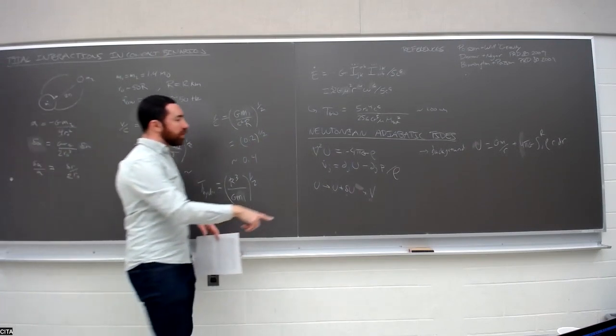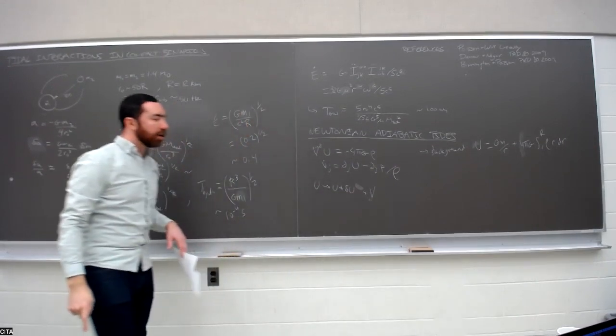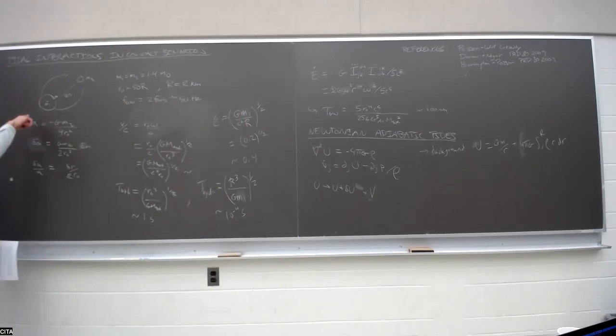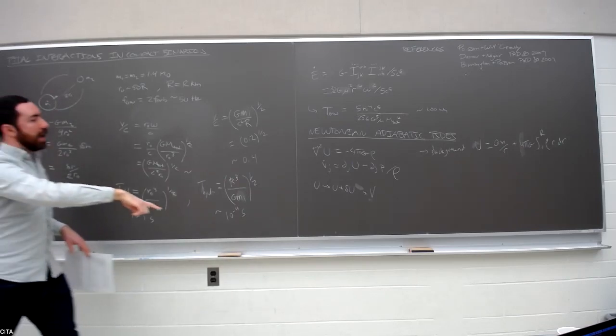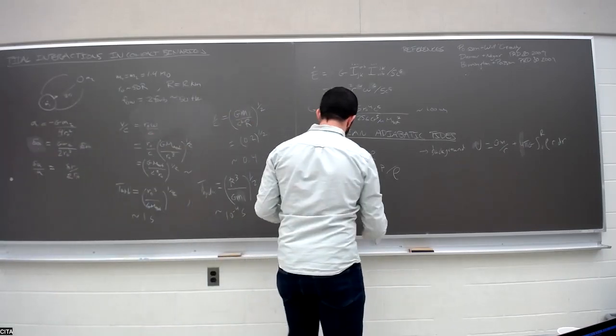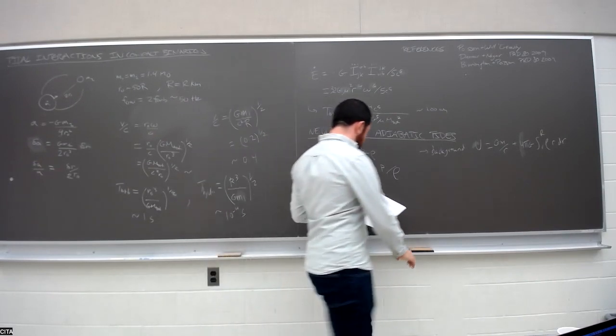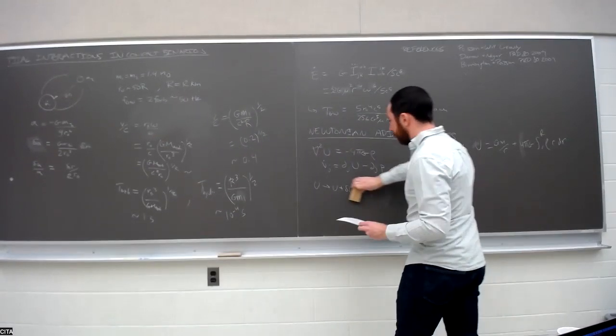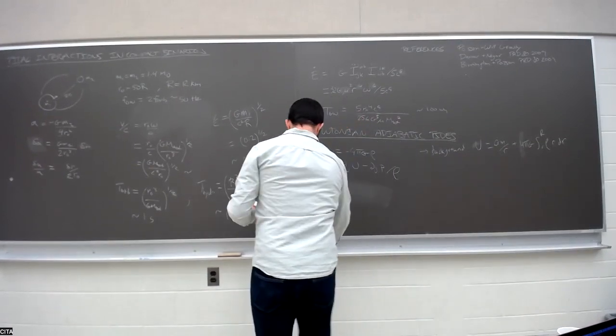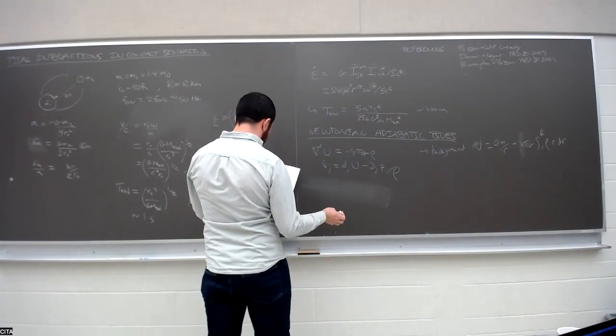And the response of the body should do the opposite, right? So its potential should go to 0 at infinity. And so what this means is that when you solve Laplace's equation outside the star, you can just write down solutions in spherical harmonics.